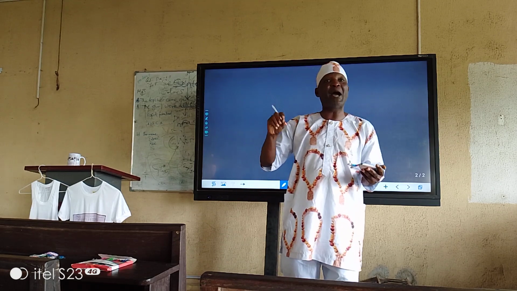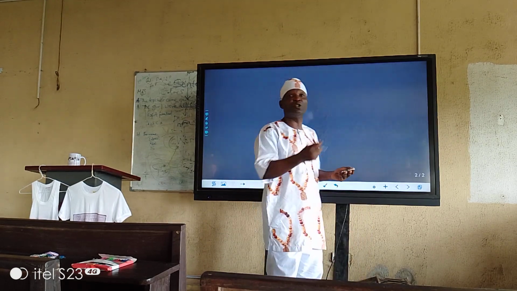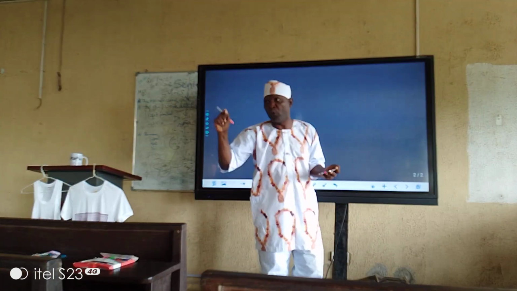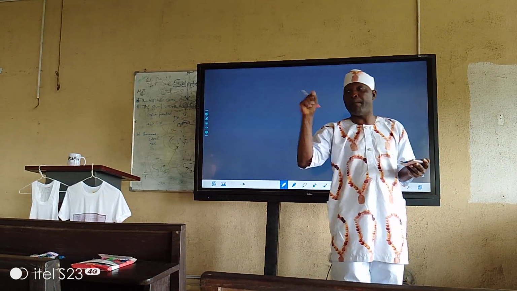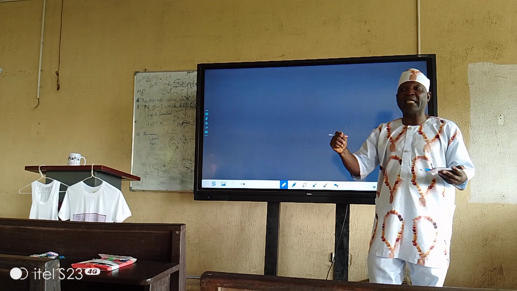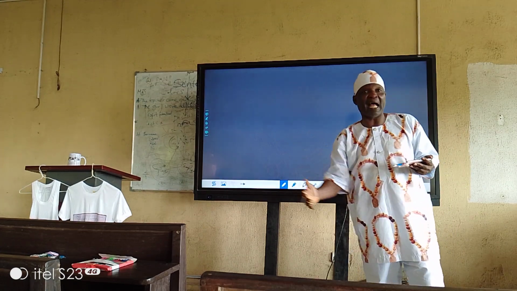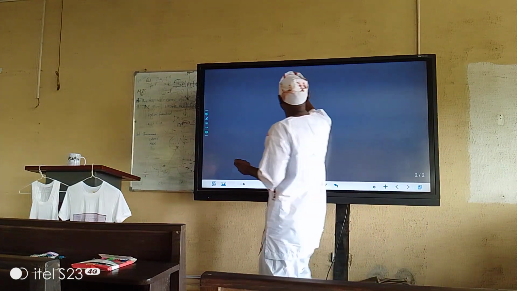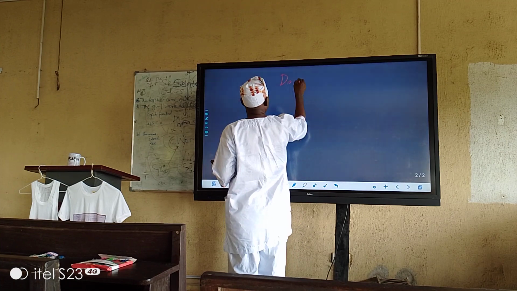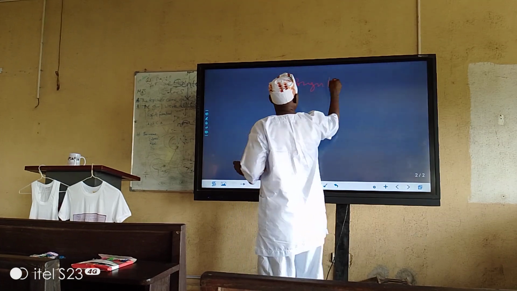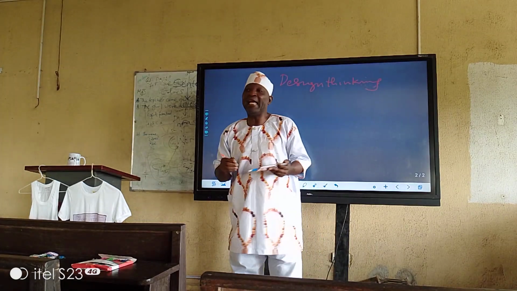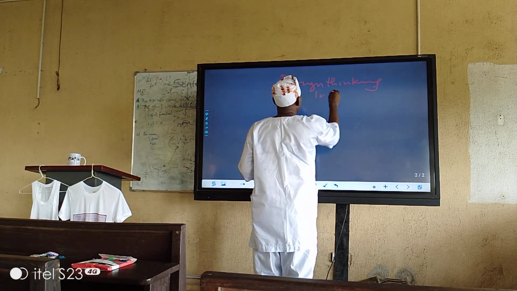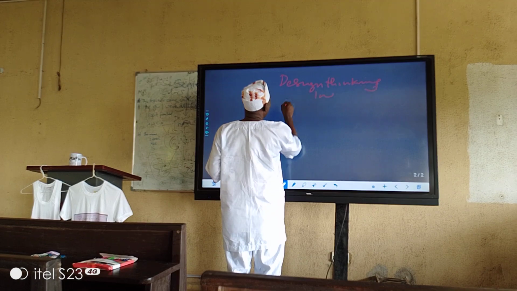And you will see how you use design thinking to design for what? A purpose. You use design thinking to design for a purpose. Design thinking is for human-centered design. So we're focusing on design thinking in the African space.